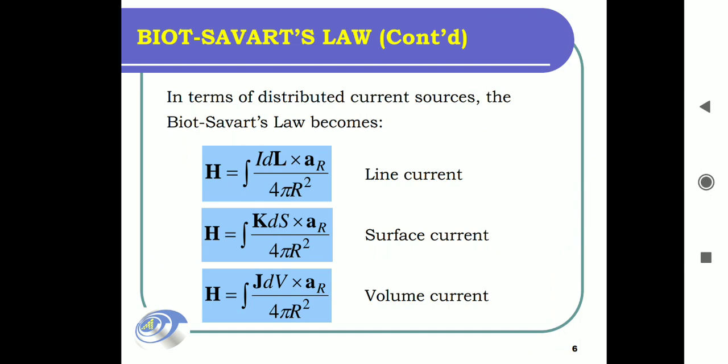The same thing can be extended for a volume for a given conductor with current density J, usually measured in ampere per meter squared, so the differential I dl can be expressed as J dV. Hence Biot-Savart's law can also be expressed for a surface current as well as a volume current. This form of Biot-Savart's law is also called Ampere's law for a current element.